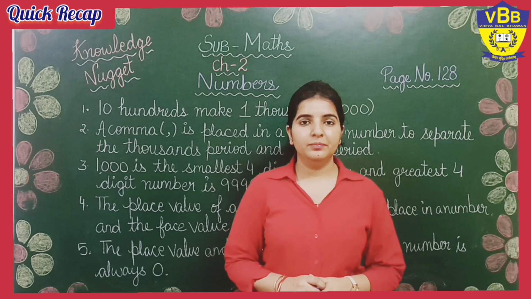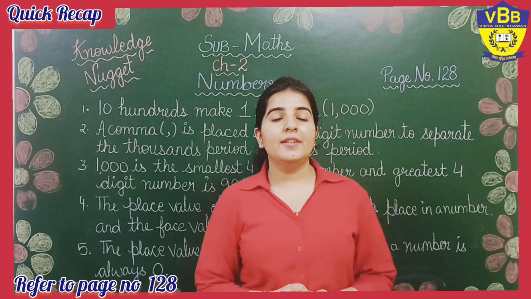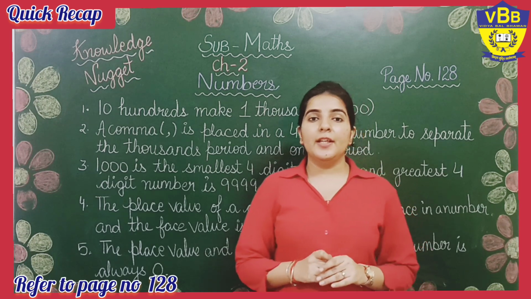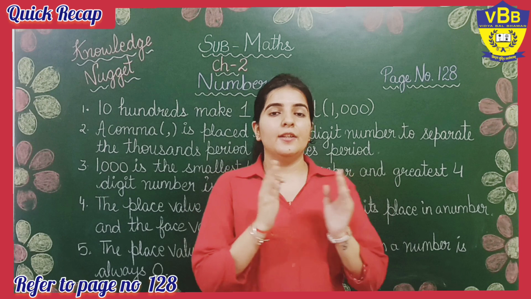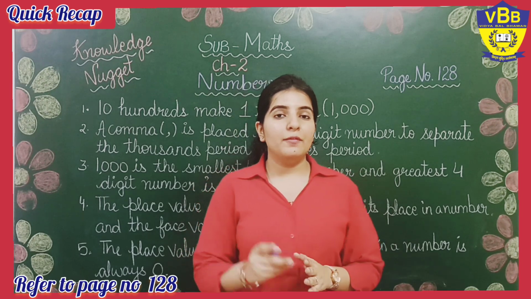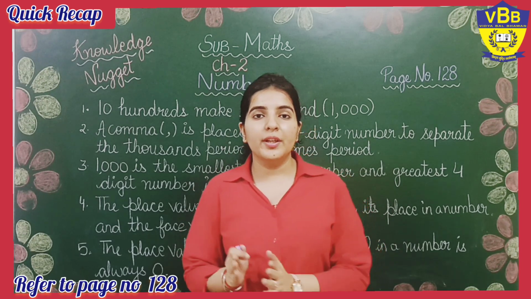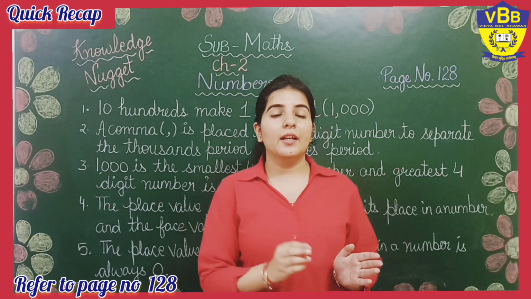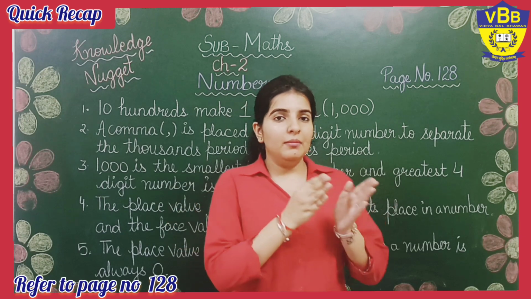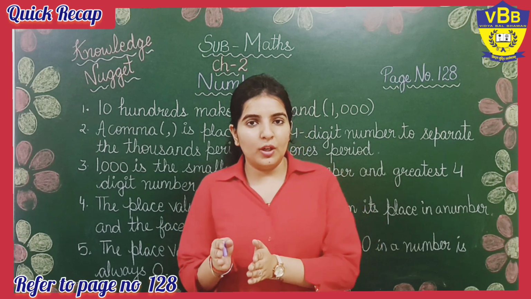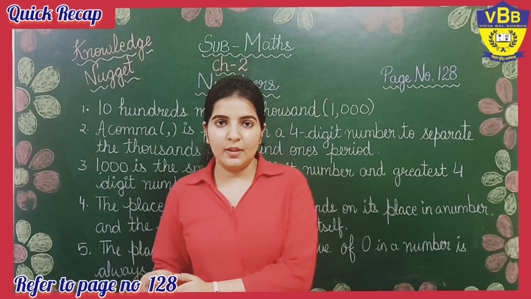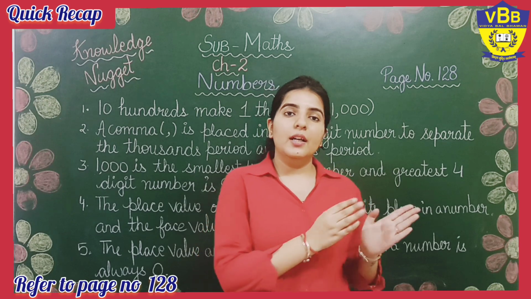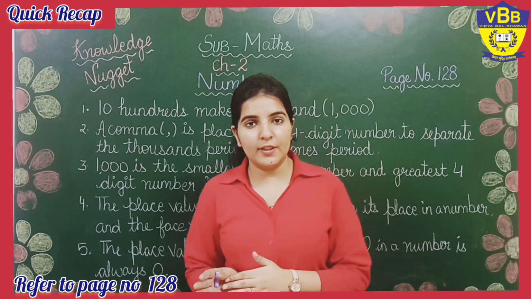Okay everyone? Now the next point is related to the forming of digits. I have told you that whenever we form a greatest and a smallest number, we have to remember the ordering rule: the greatest digit will come first while making a greatest 4-digit number, then smaller than that, then smaller, and then the smallest. We have to follow the correct order while forming the greatest and the smallest number.